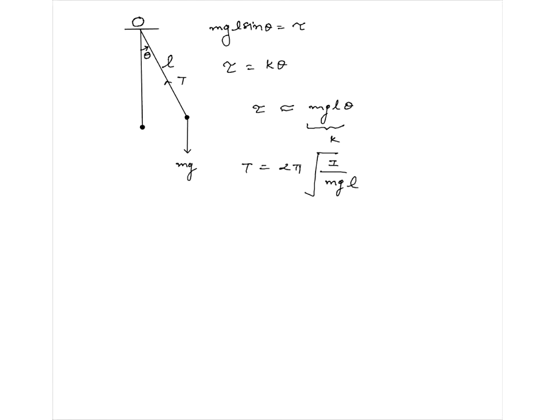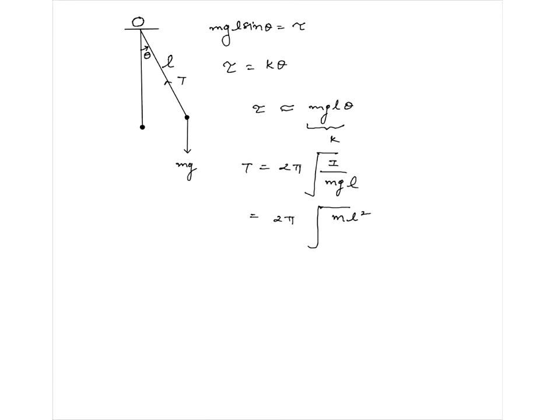So I is just the moment of inertia of the bob, and we are going to consider the bob as very, very small. If it is treated as a particle, then its I is simply mass times L square. If the bob is not a particle, no problem.